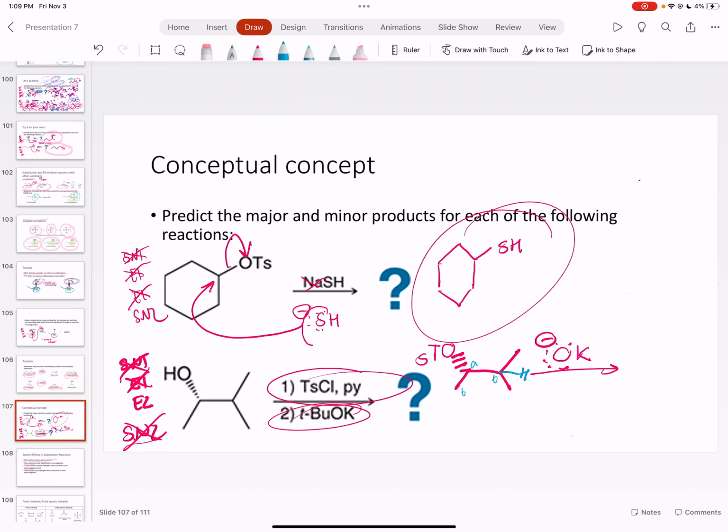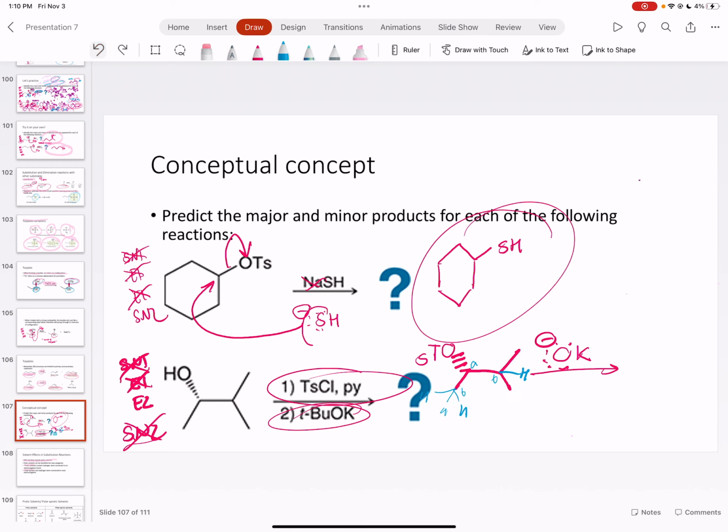So we have a beta hydrogen in here, and then we have a beta hydrogen in here. Technically, luckily, we don't really have to focus too much on the rotating wheel, because we're looking at similar groups in here, and these ones are just hydrogens.